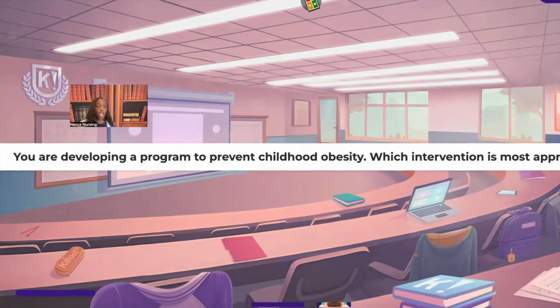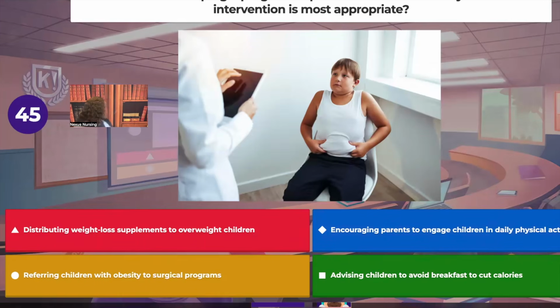Okay, next question. You're developing a program to prevent childhood obesity. Which intervention is most appropriate? Would it be to distribute weight loss supplements to overweight children, encourage parents to engage children in daily physical activity, refer the children with obesity to surgical programs, or advise the children to avoid breakfast to cut calories?